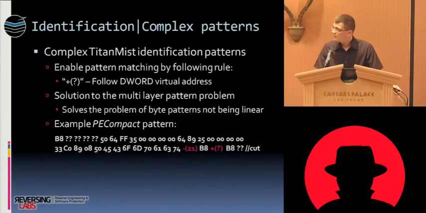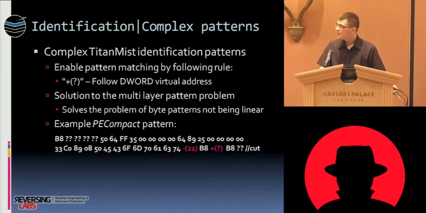This is a combination of the previous feature and this one. So this pattern matching enables identification of PE Compact in the first layer. If you see the bytes until the first highlighted part, that's the first layer. And then we jump back. As I said, we can jump back as well. So we jump back to the beginning of the pattern and we match B8 again and say, okay, follow that DWORD. And we will end up in the second layer of the packer and just continue our pattern matching there.